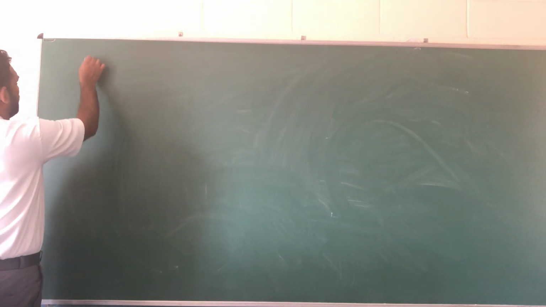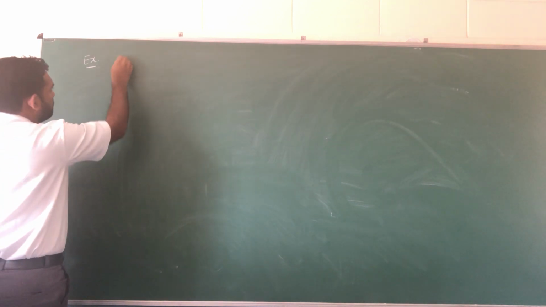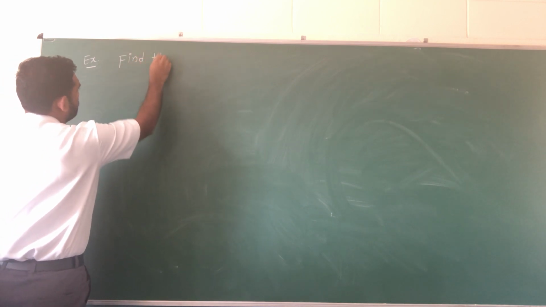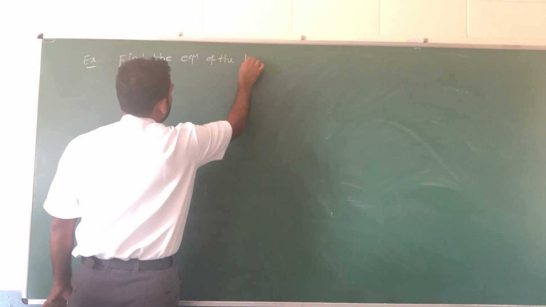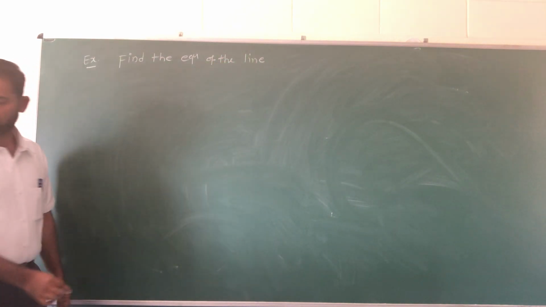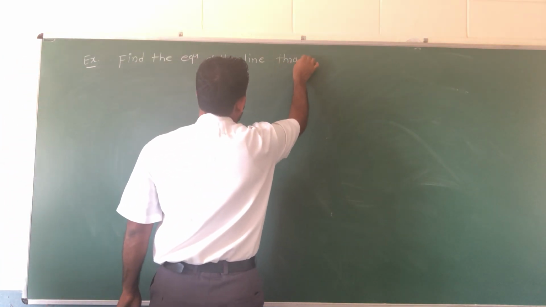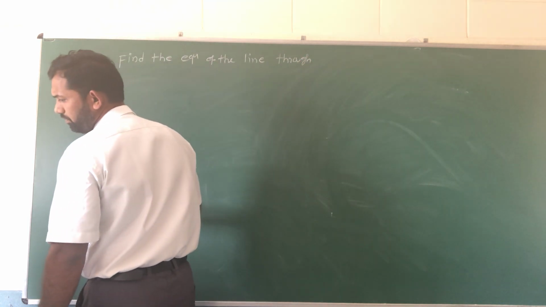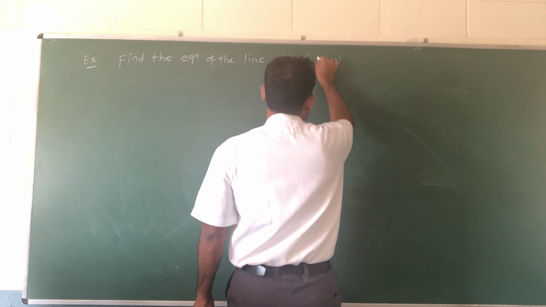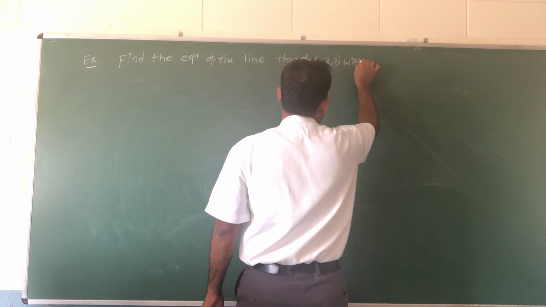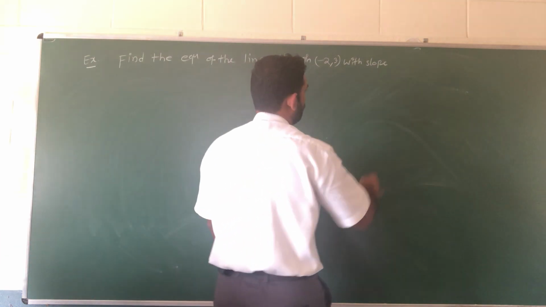An example problem on this one. Find the equation of the line through (-2, 3) with slope -4.